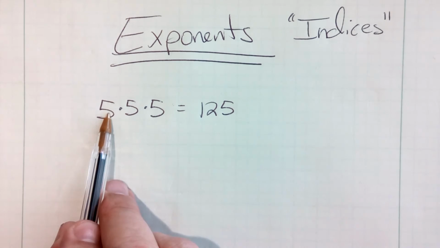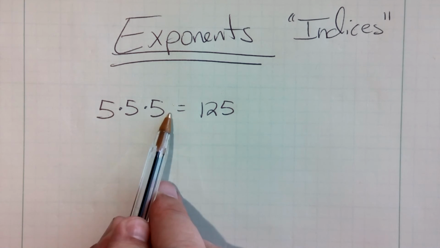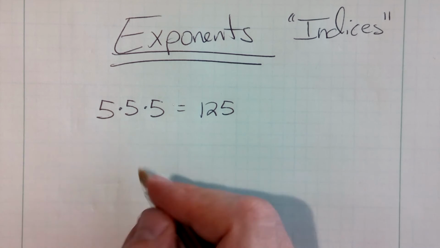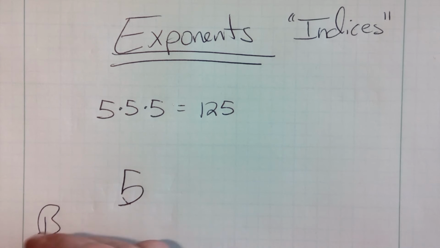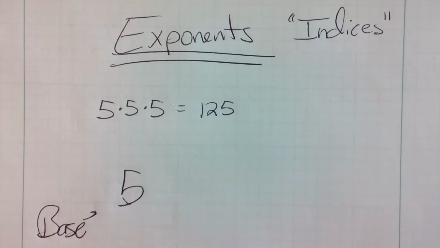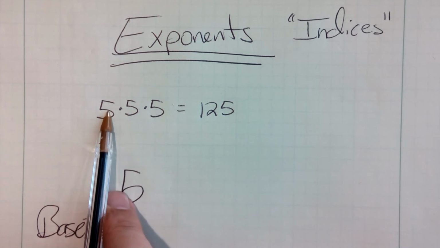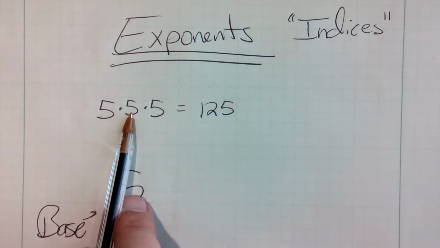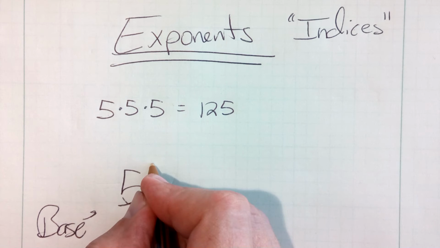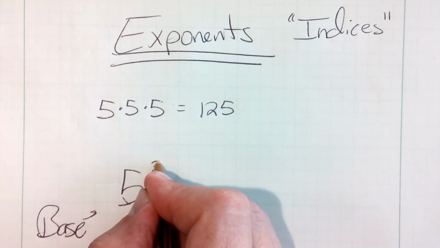In other words, the number that we're multiplying together multiple times is called our base. So I have a base of 5, and then I take how many I'm multiplying together. There's 1, 2, 3, and I put that as a smaller number up to the top right.